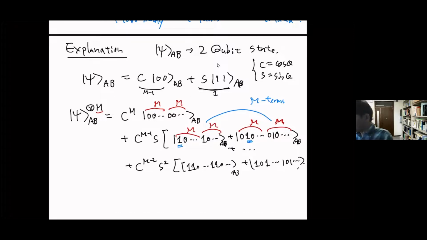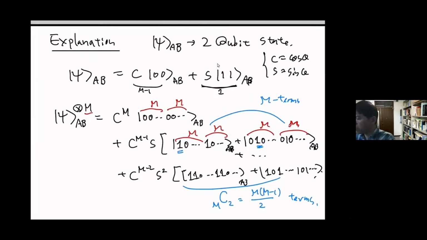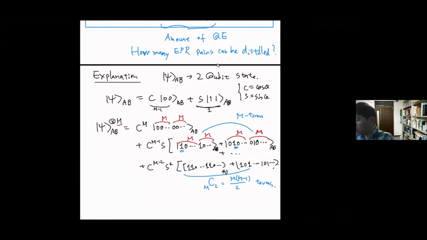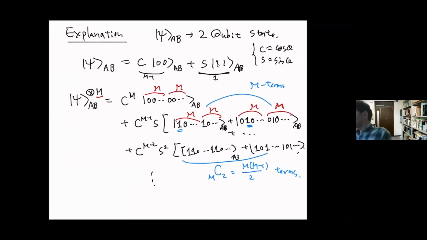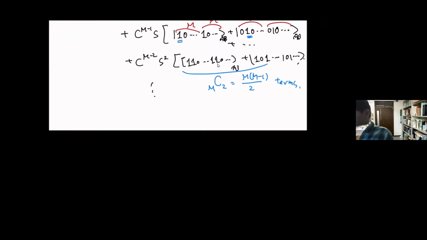You can imagine that in that case there are many terms, given by the combination C, M choose 2. Terms like this appear, and we can do the same thing until the end.